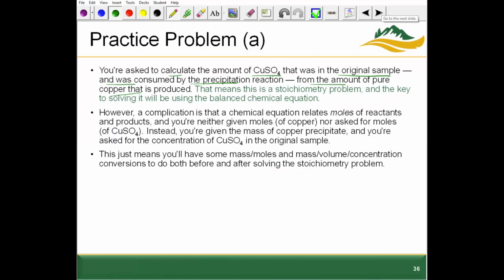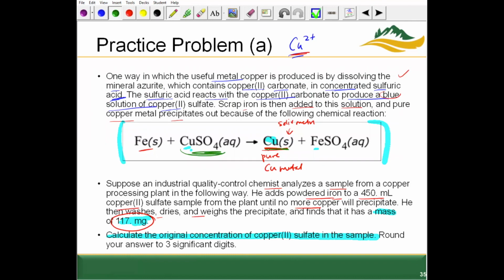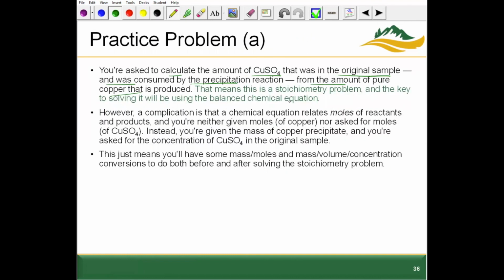Because we have a balanced reaction and we're connecting one reactant to one product, this should make you start to think that we're doing a stoichiometry style problem. The key to all stoichiometry style problems is absolutely to have a balanced chemical equation. As you'll recall, balanced chemical equations tell us the moles of all the reactants and how they relate to the moles of all the products.